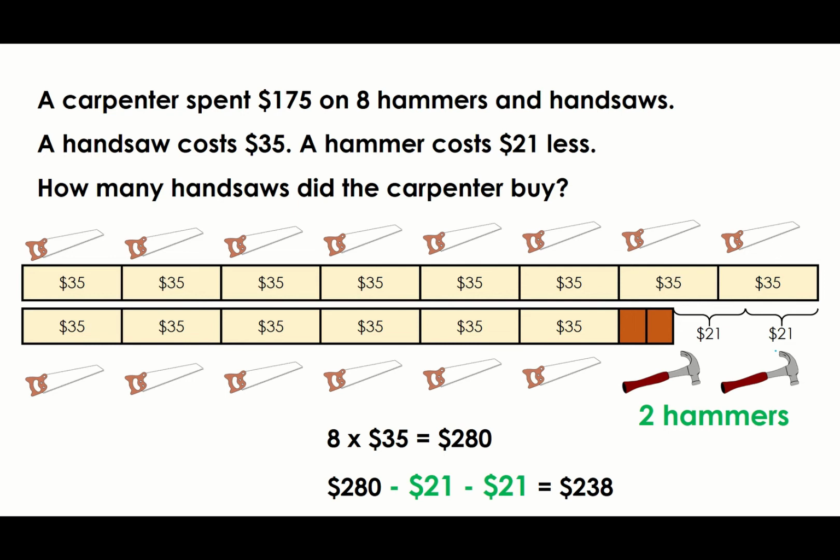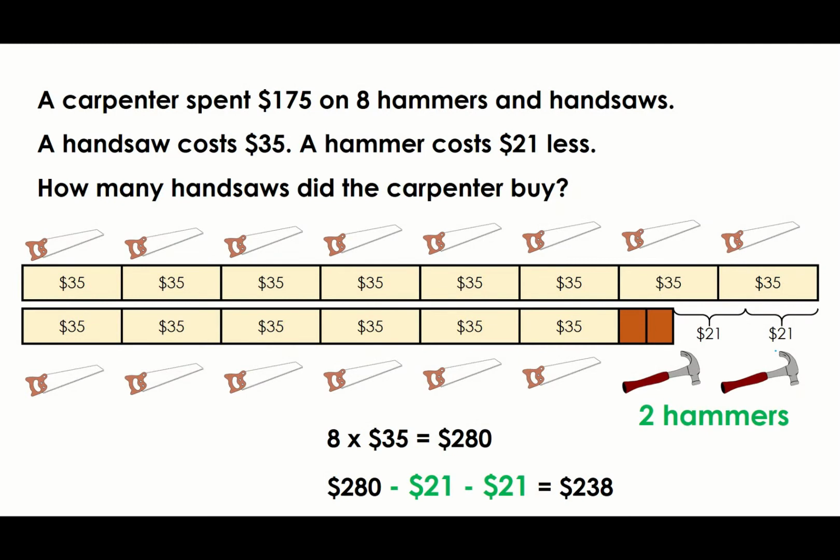The total now with 2 hammers will be $280 minus 21 minus 21, which is 238, which is still not $175. Now let's see, if I were to continue again, what do I notice?